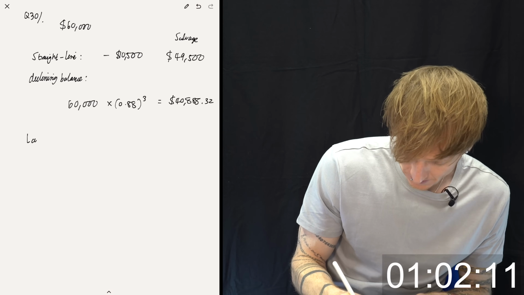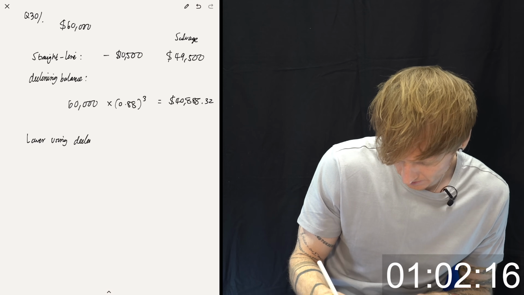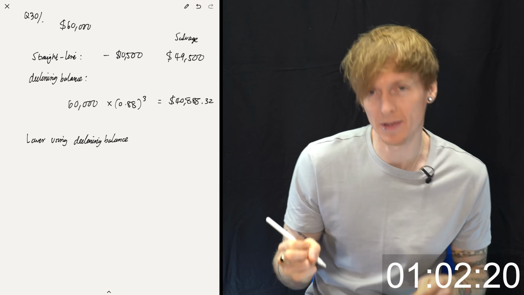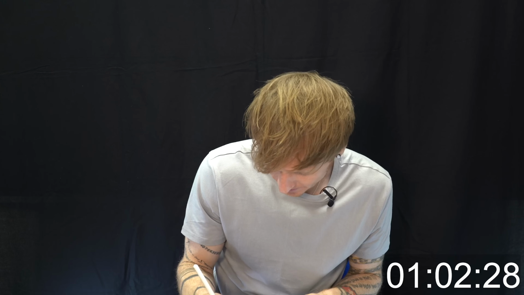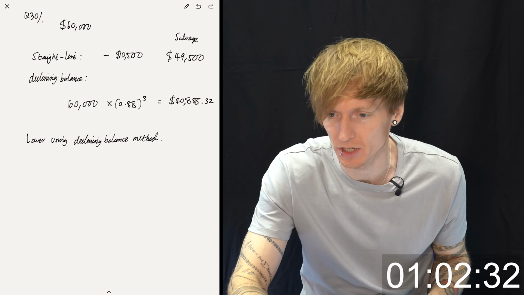So lower using declining balance method. But that is assuming that declining balance means compound. I don't see why it wouldn't, but I don't know because I do not know anything about depreciation. Declining balance method. Okay, is that all I need to make mathematical calculations?